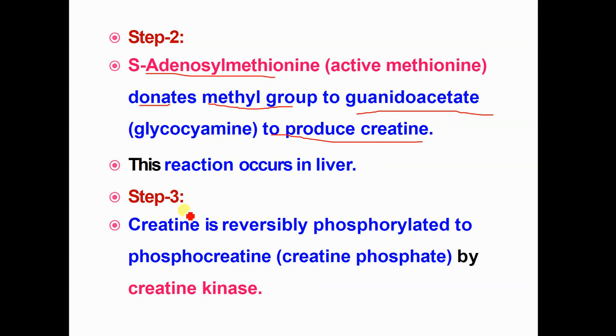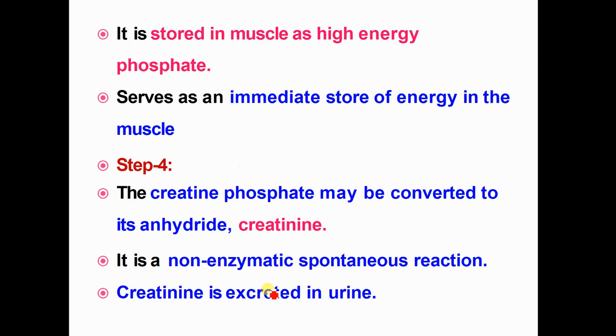And finally, step 3, where creatine is reversibly phosphorylated to form phosphocreatine by the enzyme creatine kinase. This phosphocreatine is stored in the muscles as a high energy phosphate and serves as an immediate store of energy in the muscles.